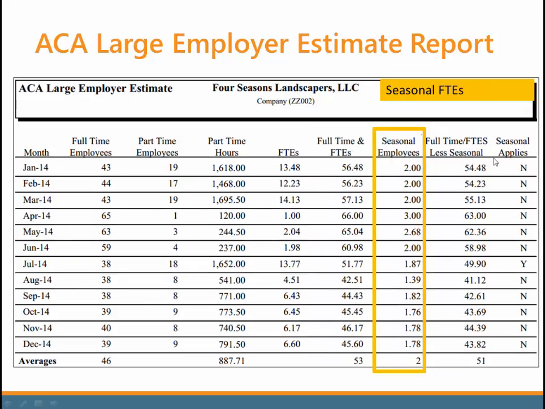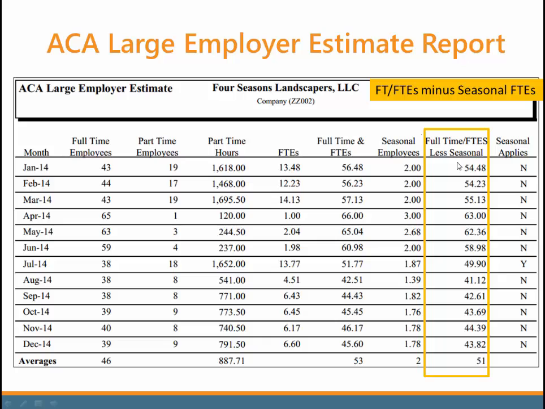The last 3 columns are only showing because we selected to have the seasonal employees on the report. If you did not select that option, these 3 columns will be blank. This column gives you a total of your seasonal FTEs, and the next column gives you a total of full-time and full-time equivalents minus your seasonal employees.